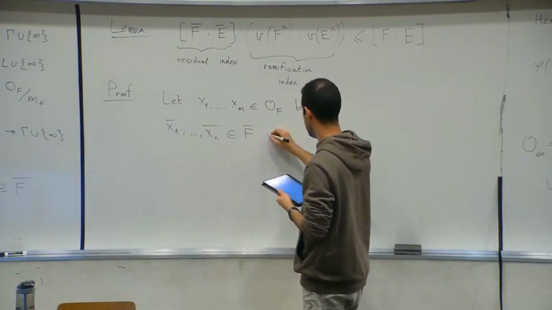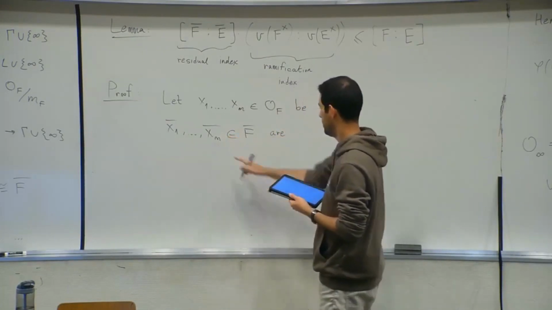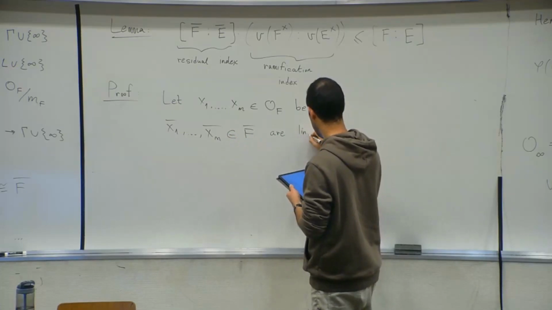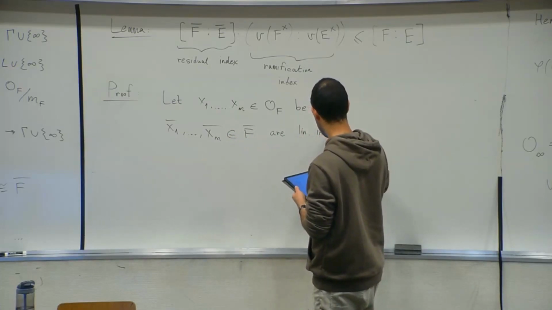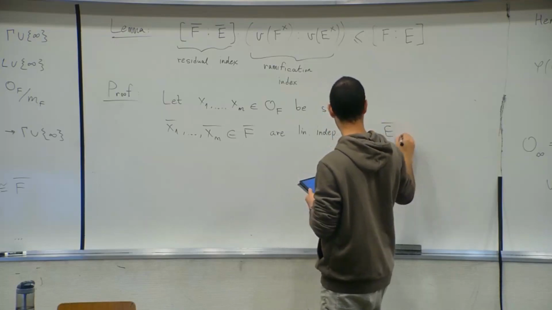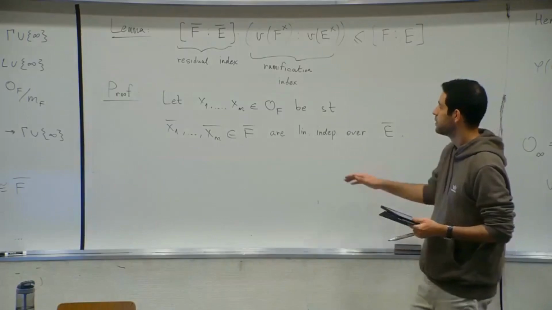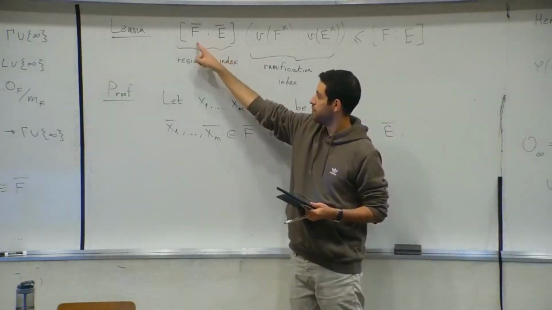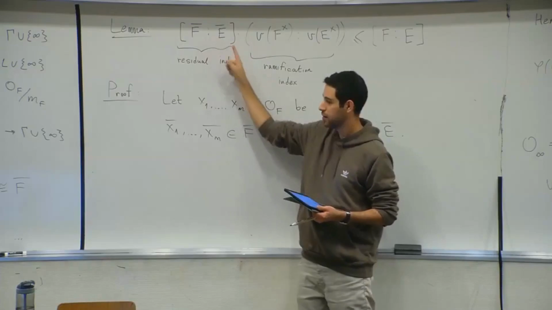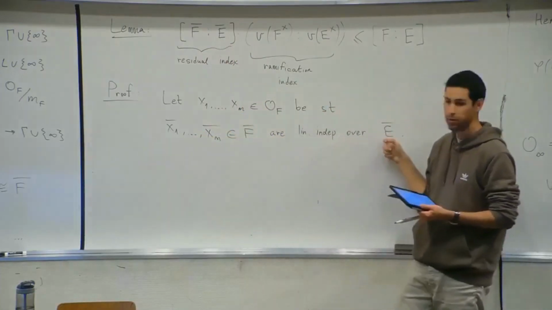Such that these m images are linearly independent over E bar. So if F bar is an extension of degree 5 of E bar, then we can take 5 elements in F bar which are linearly independent over E bar.